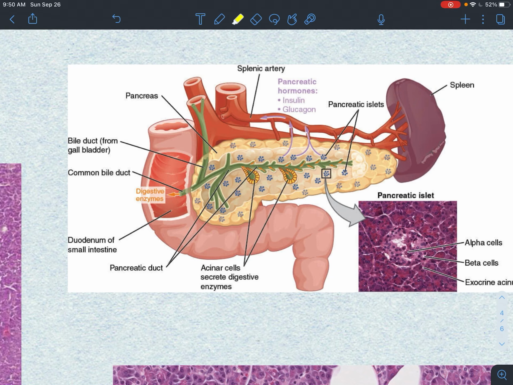And so the pancreas is very unique in that it is both an exocrine gland and an endocrine gland, right? So it has an exocrine function and an endocrine function. And that's going to help you understand the histology as well.